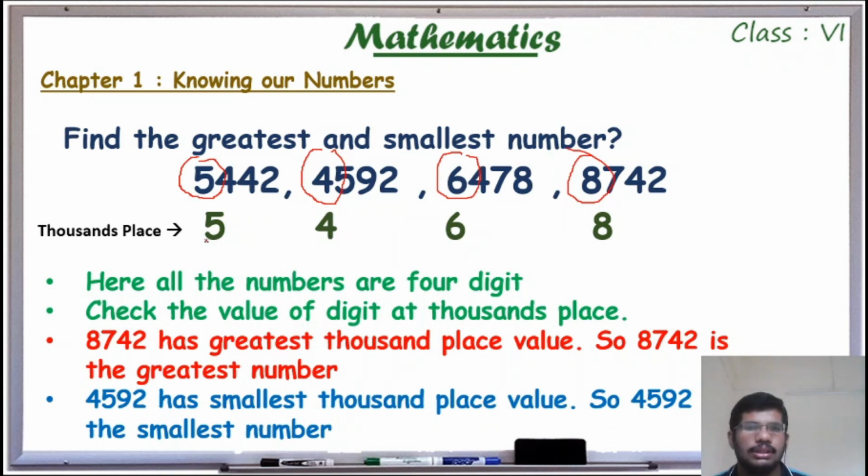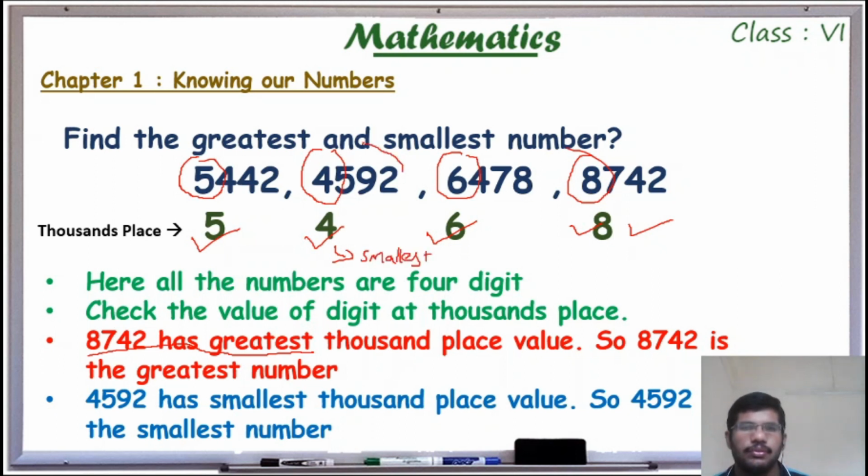So we check the first digit from the left side. These are all first digits from the left side. Checking all this, 8 is larger, right? So since 8 is the greatest, 8742 is the greatest among these, and here 4 is the smallest.